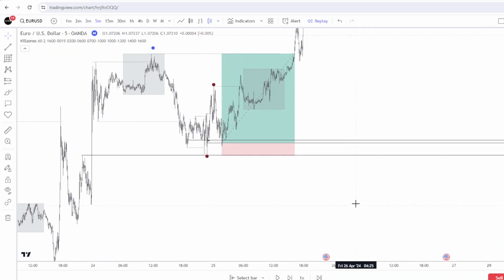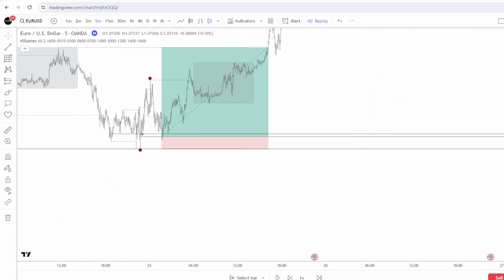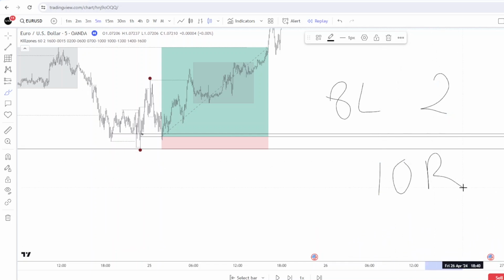So with this strategy, even if you take 8 losses in this instance, and you have 2 wins with a total of 10R, then it means you have minus 8%, then you have 10%, then the balance would be 2%.